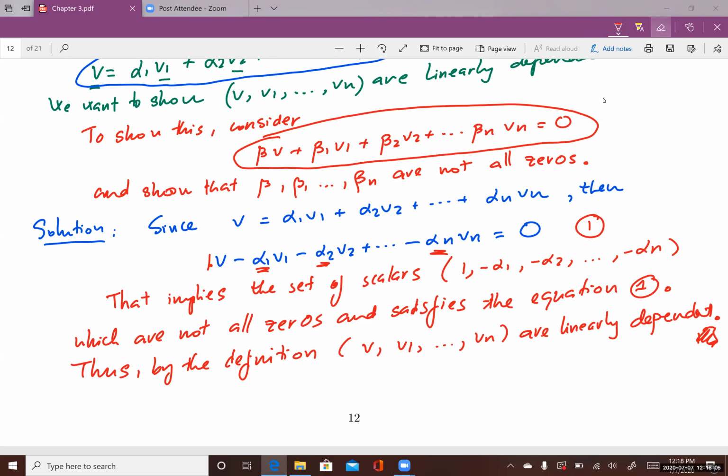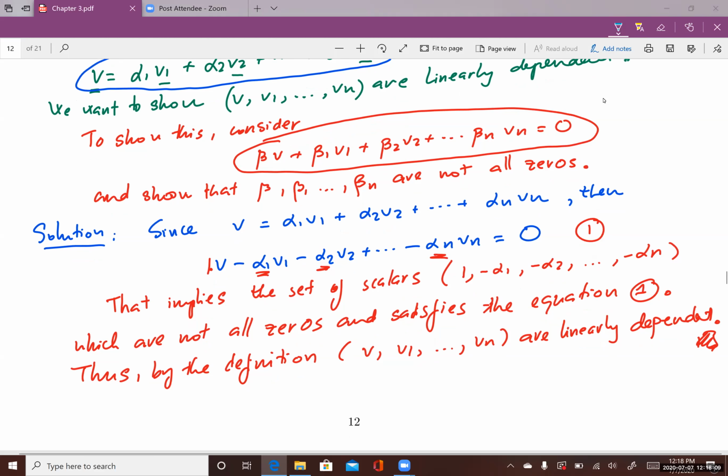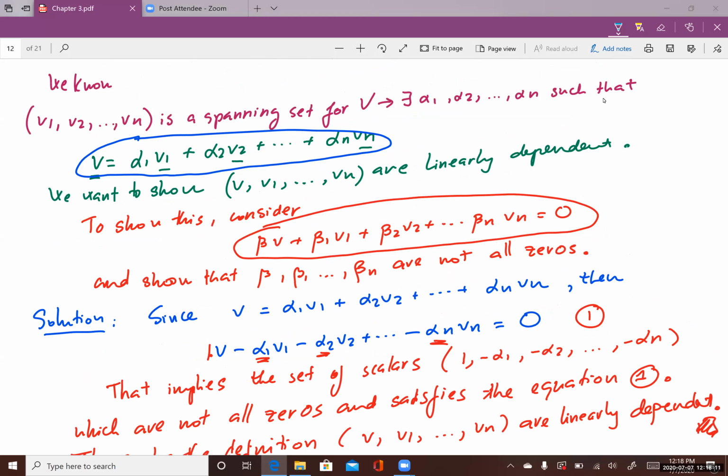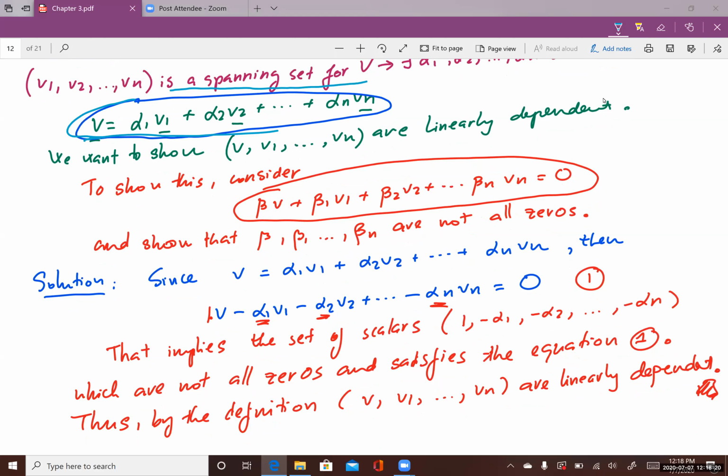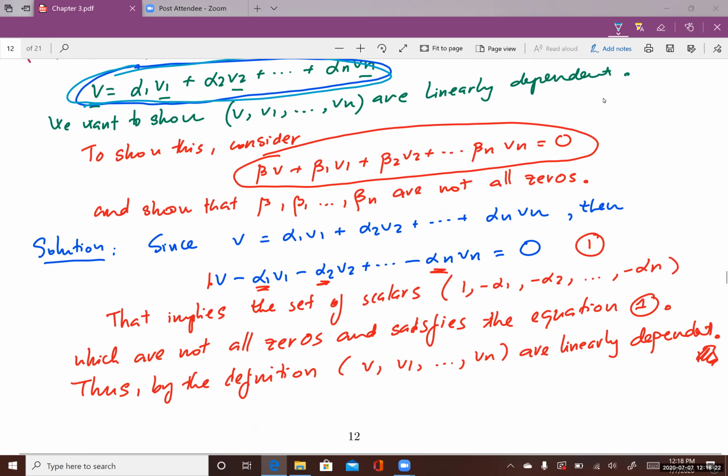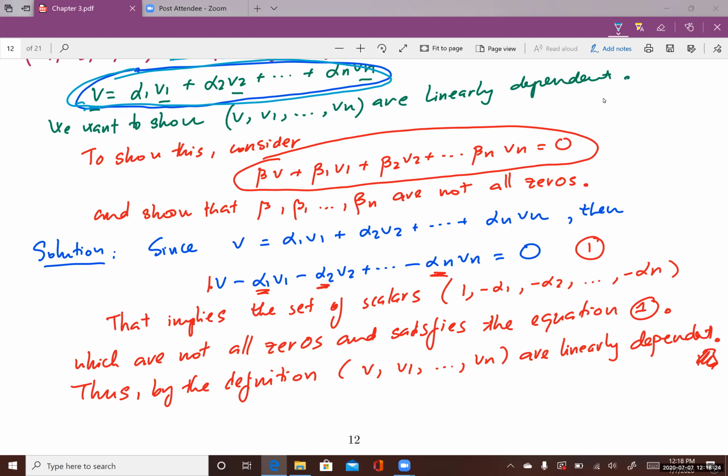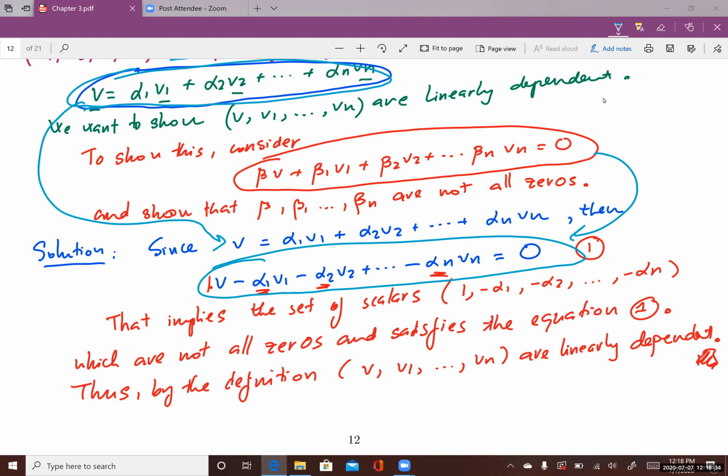We use the condition from the fact that v1, v2 to vn is a spanning set for V, and the fact that v is a vector in the vector space V, to come up with this equation. From this equation, I move everything to one side and set the other side equal to 0. So this equation is the one that we want to look at.